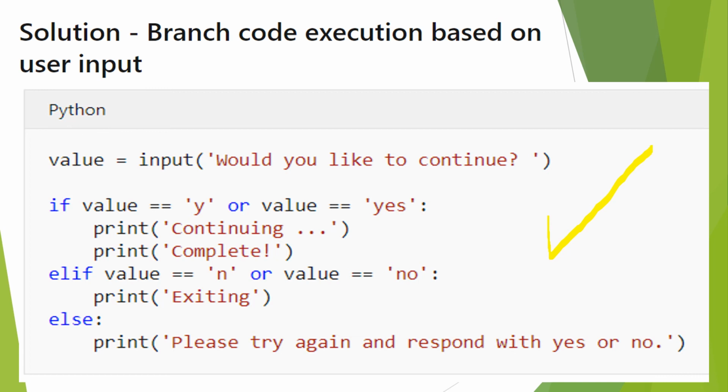Or you could have checked for the no scenario before the yes scenario. You might have selected a different variable name to store the user's input. Then if you match the expected output in the challenge, then you were successful. Okay?